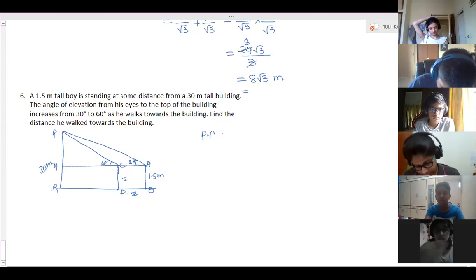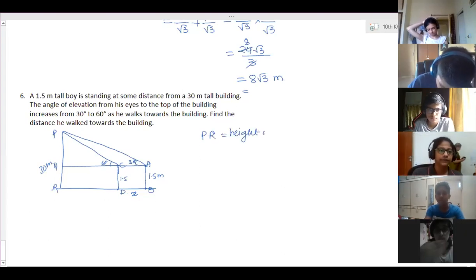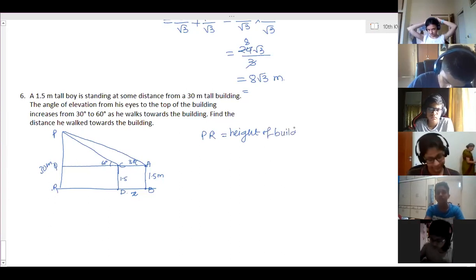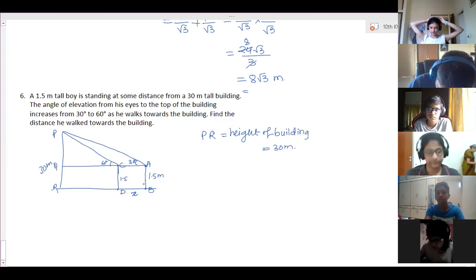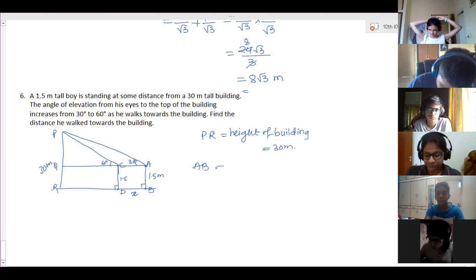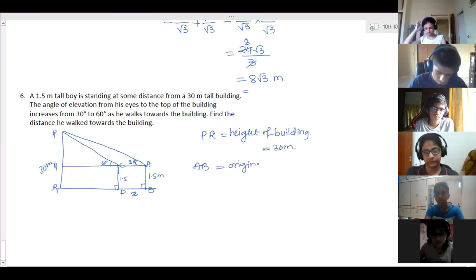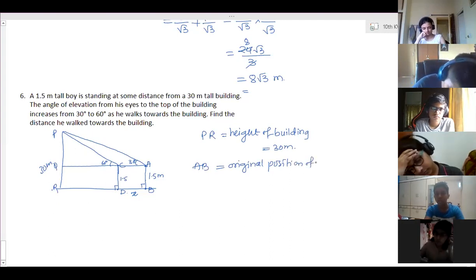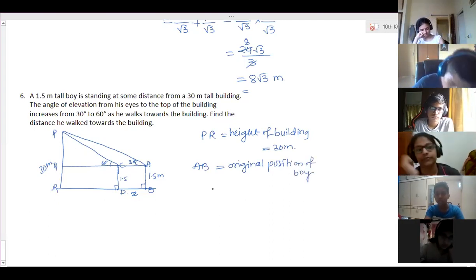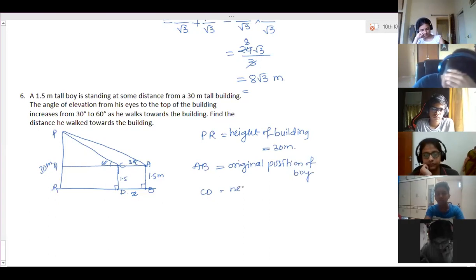PR is the height of the building, equal to 30 meters. AB is the original position of the boy, and CD is the new position of the boy.